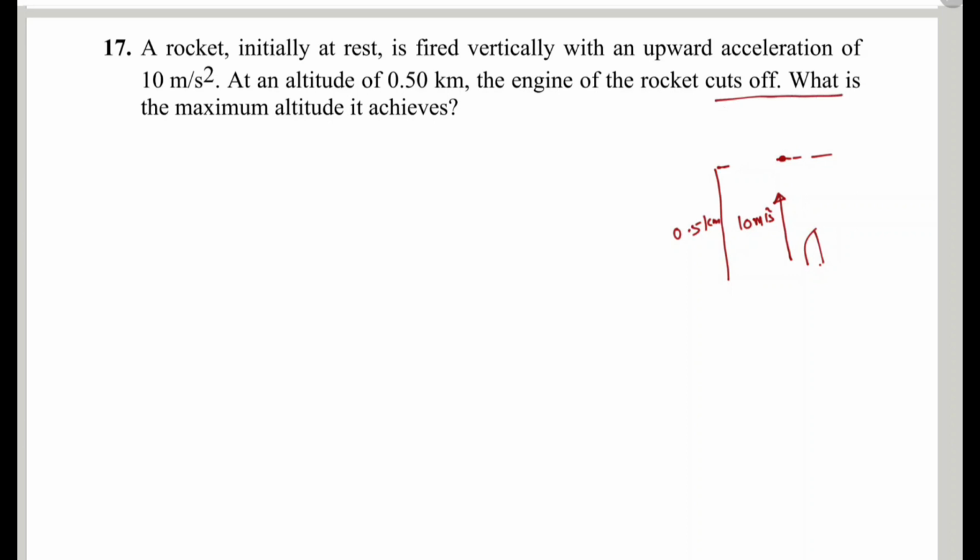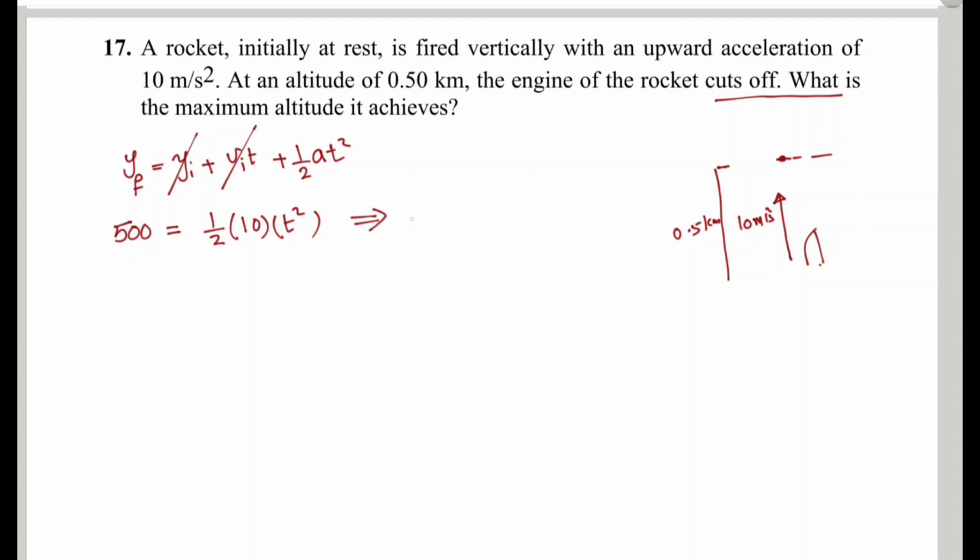Now to find this, y final equals y initial plus v initial t plus half a t squared. This is a, not g, because it's the first part. Starting from origin and from rest, y final here equals 0.5 kilometers, so 500 meters equals half times the acceleration for the first part, which is 10, times the time, which is unknown, t squared.